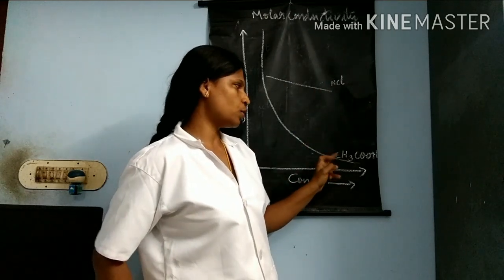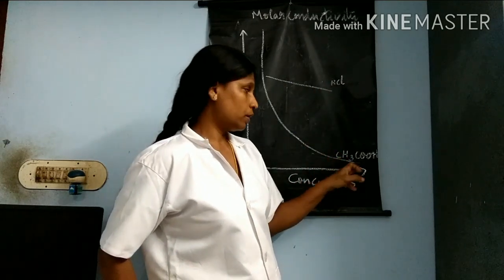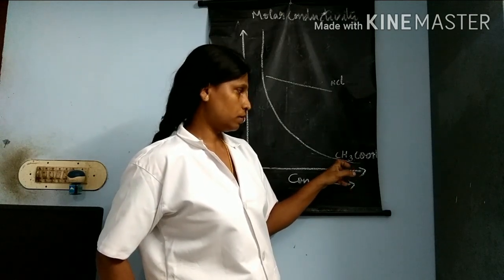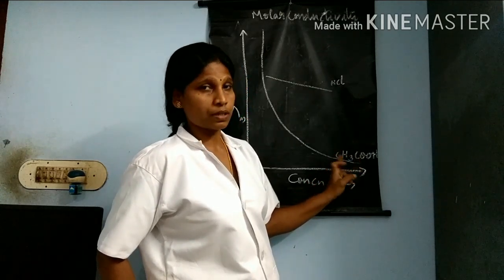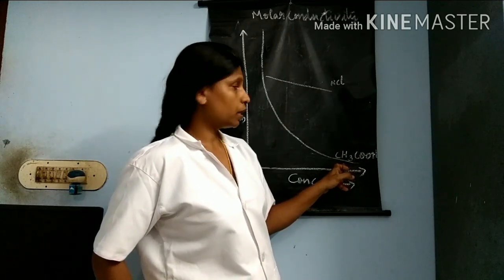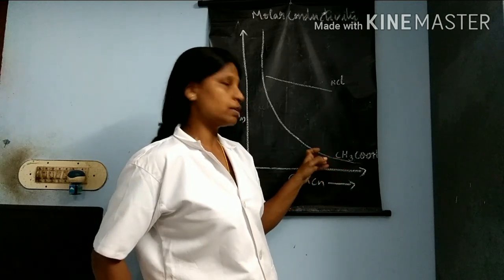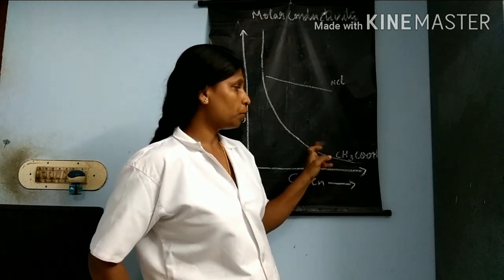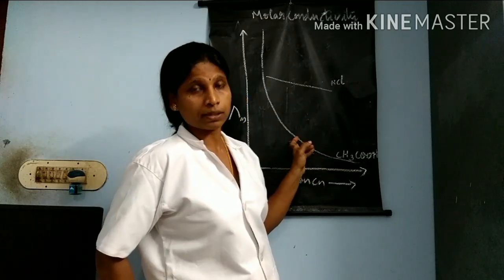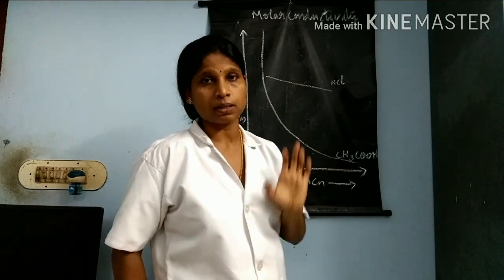But in the case of acetic acid, if we take a strong electrolytic solution of acetic acid, ionization is partial. Therefore, if we are increasing the dilution, more and more acetate ions and H plus ions are produced. That means the number of ions increases.